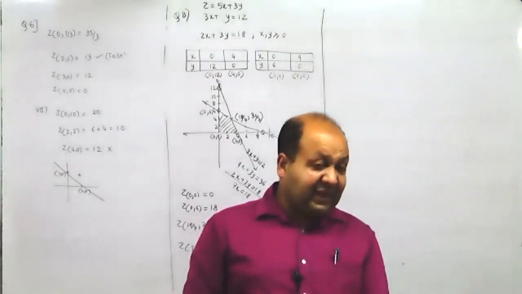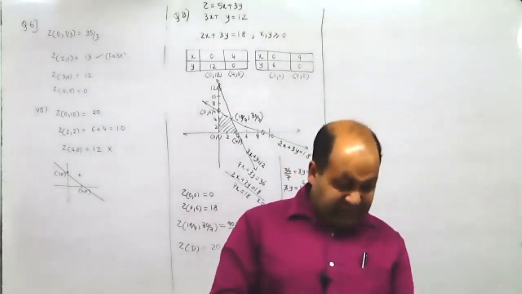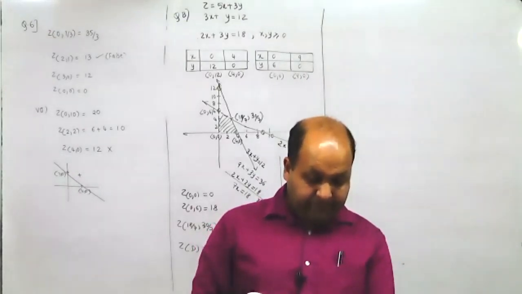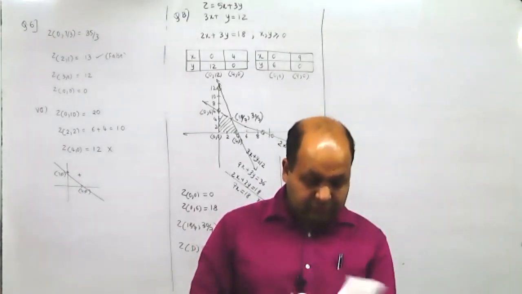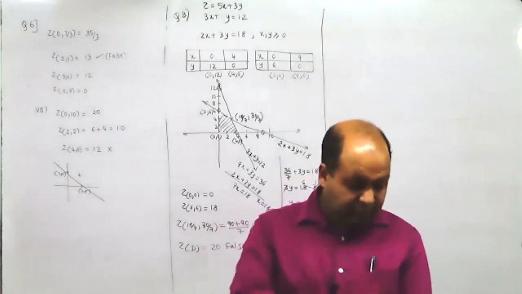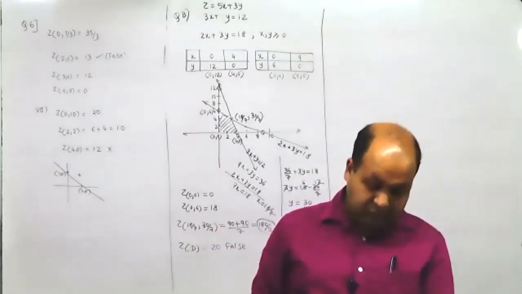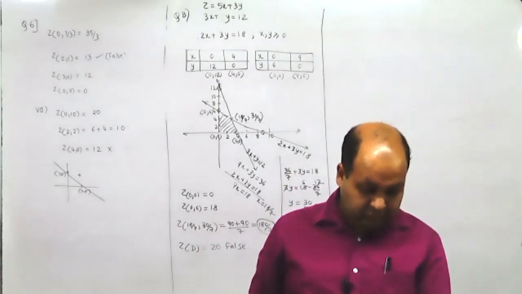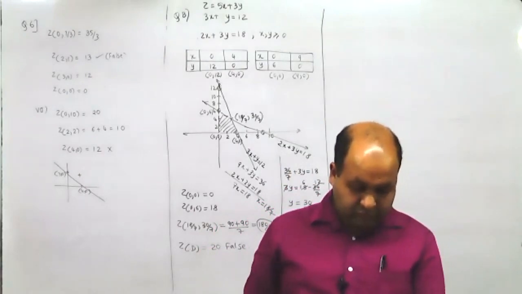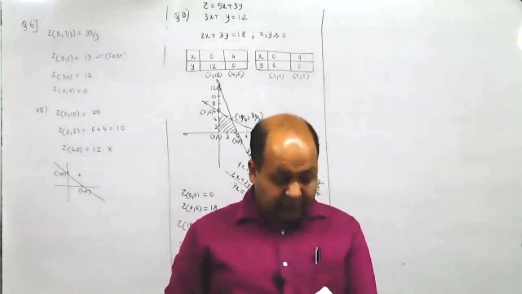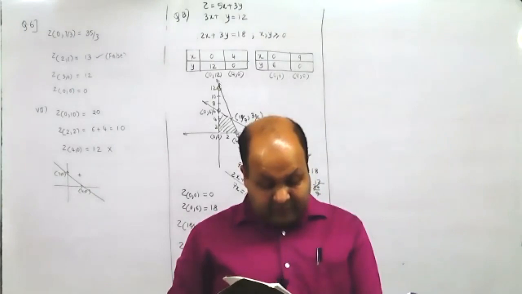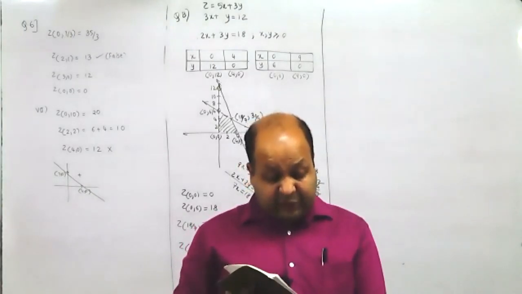Can anyone verify that answer? So can you repeat Miscellaneous Exercise 6, question number 1, the third part? That is B. What is B? B. Yeah, it is a function to be maximized.